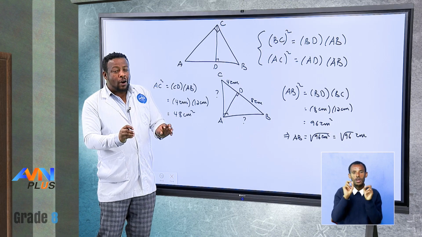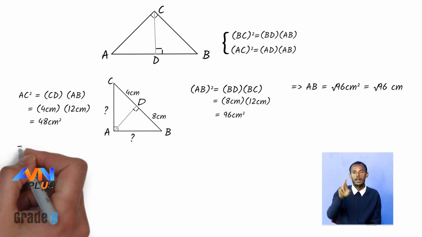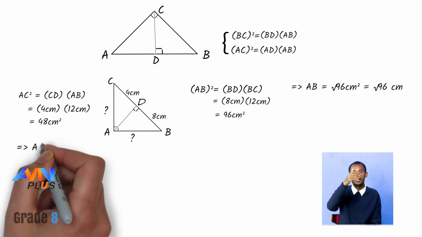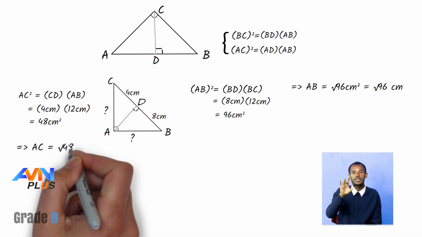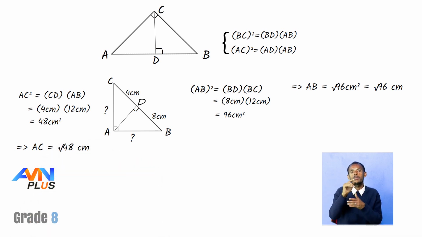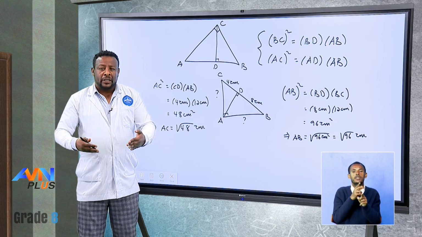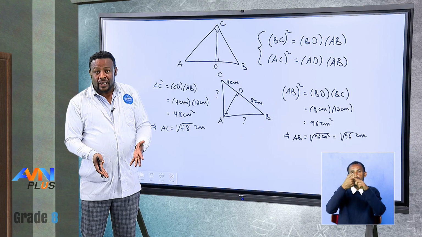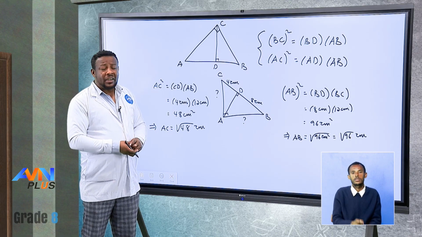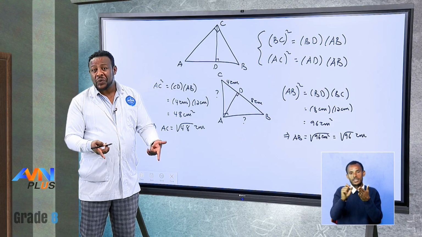Now you can take the radical on both sides. So AC is equal to the square root of 48 centimeter square, and centimeter square can be taken out of the radical, so it becomes centimeter. This is the answer, but you can also rewrite the square root of 48 in a different way, because 48 can be written as 16 times 3.